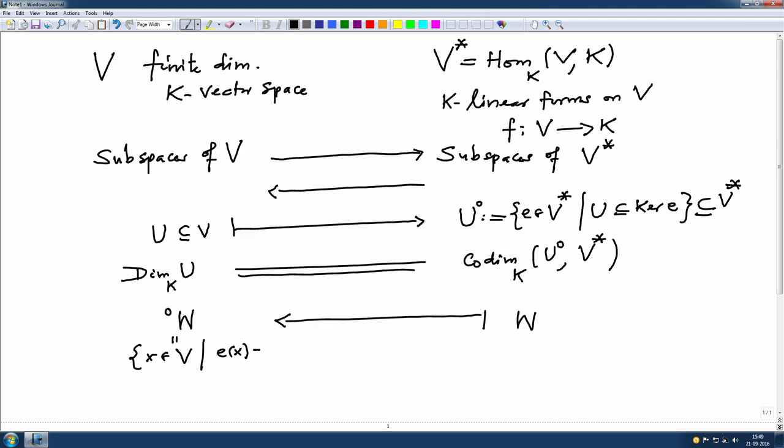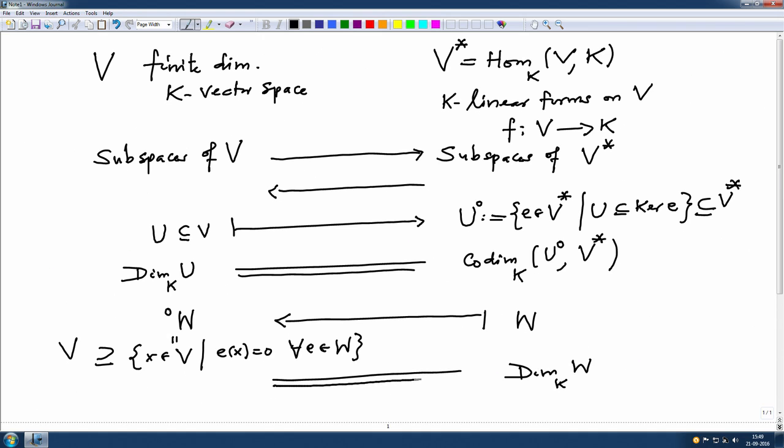E of x is 0 for all E in W. This is clearly a subspace of V, and again the dimension is equal to the codimension of W in V star. So, actually these maps are inverses of each other. This map is denoted by left circle, this map is denoted by right circle, then these are inverses of each other.